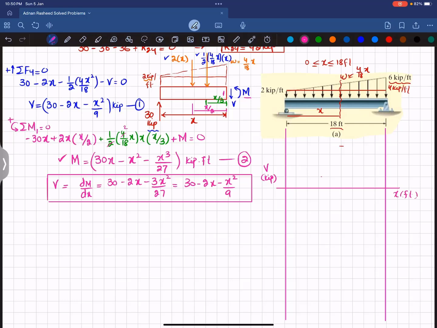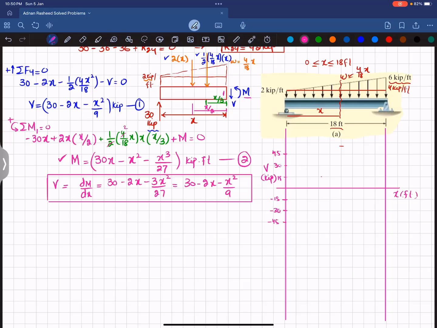Let one division be 15 kips, two divisions 30 kips, third division 45 kips, and similarly minus 15, minus 30, minus 45.